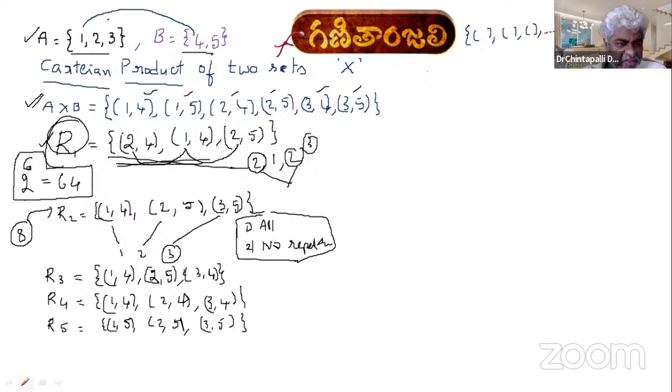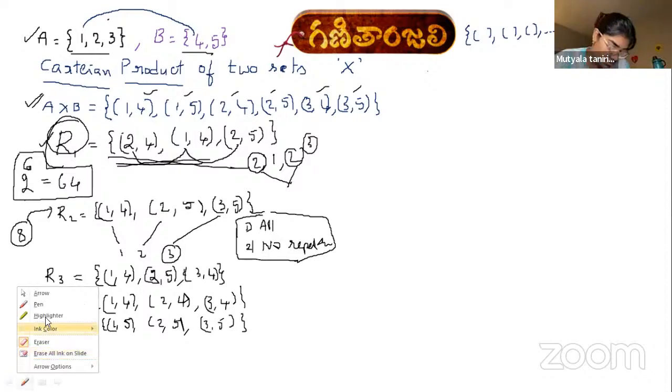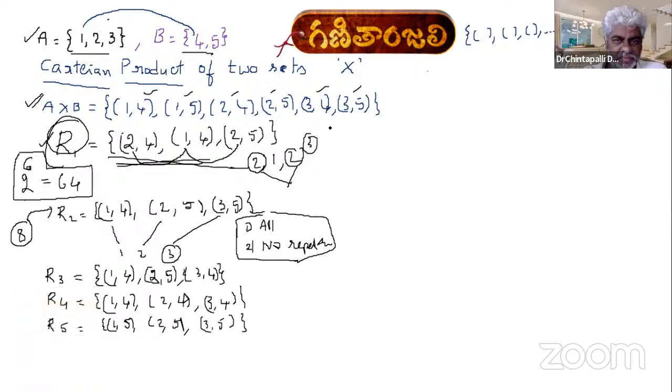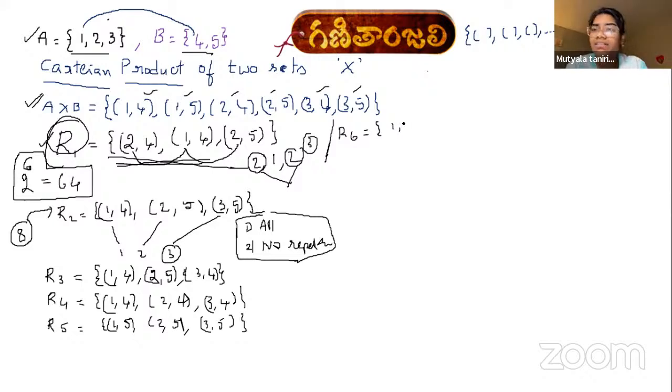R6 is a function, right? Try to create as many functions as possible. R6: 1, 5, 2, 5, and 3, 4.